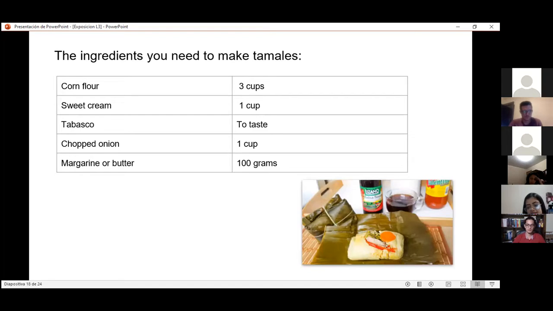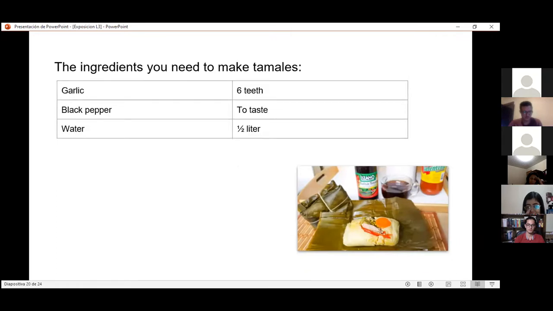The ingredients you need to make tamales: corn flour, sweet cream, Tabasco, chopped onion, margarine or butter. Next, salt, chicken, carrot, celery y culantro.